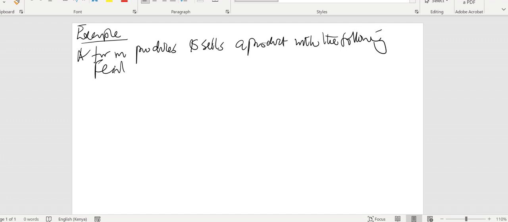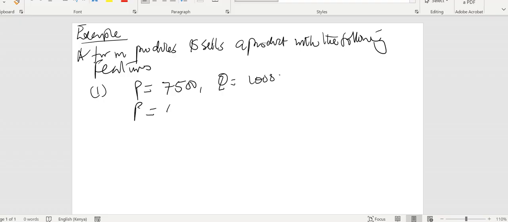Roman 1: the price of this product, P, is equal to 7,500. So when price is that, quantity is 1,000. Again, when P is 4,625, quantity is 750.